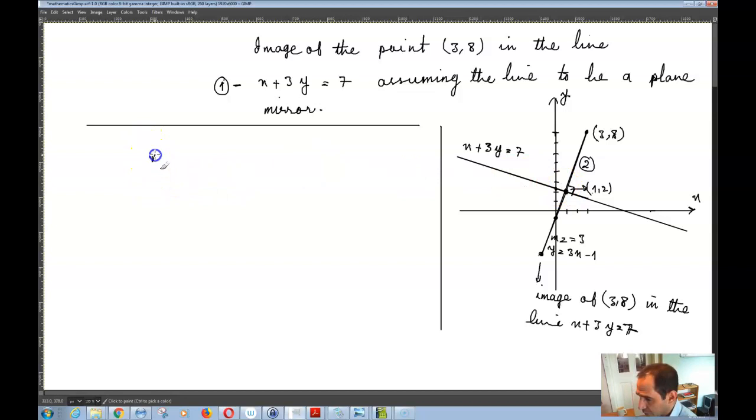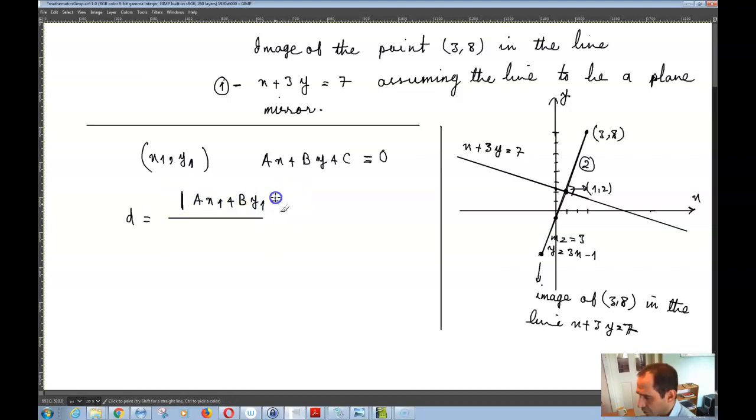We said that if you have a point (x1, y1) and some line, for example, ax plus by plus c is equal to 0, then the perpendicular distance of this point from this line is given by d is equal to the absolute value of ax1 plus by1 plus c over the square root of a squared plus b squared.